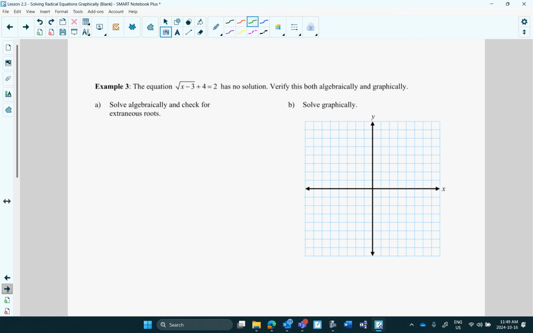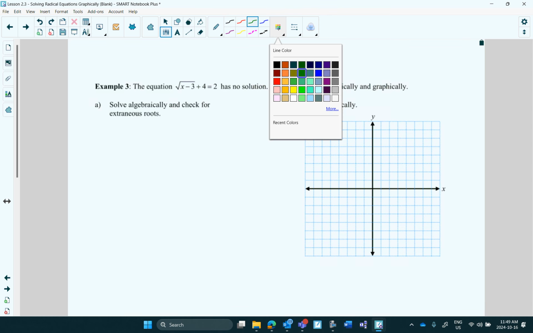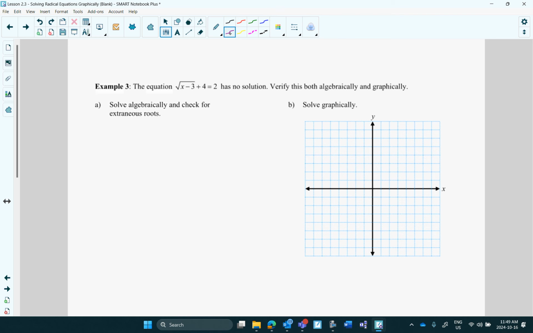Here's another one. Let's solve this one algebraically. You guys should know what to do here. What's the first thing I do? Get the 4 over.